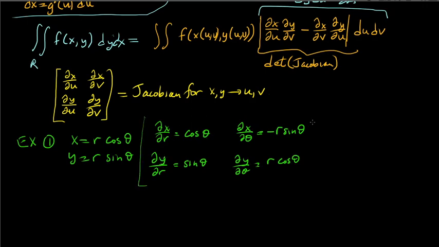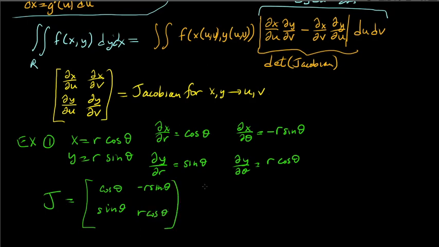Consider this to be the Jacobian, I guess I'll call it J for lack of a better letter, is just the following matrix. It's cosine theta, minus r sine theta in the top row, and the bottom row is sine theta and r cosine theta.